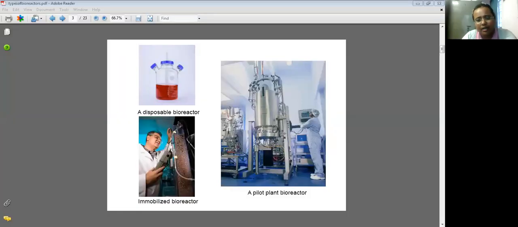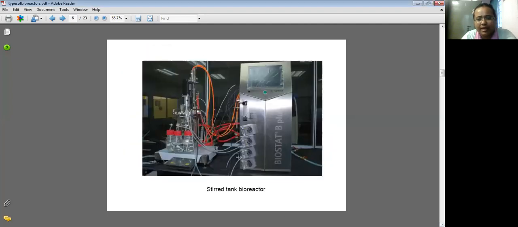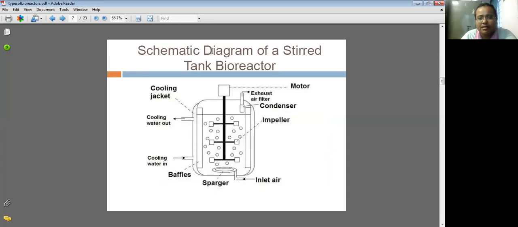This is a disposable bioreactor, and this is an immobilized bioreactor, and this is a pilot bioreactor. And here it is. This is our stirred tank bioreactor, and this is the schematic diagram of the stirred tank bioreactor.